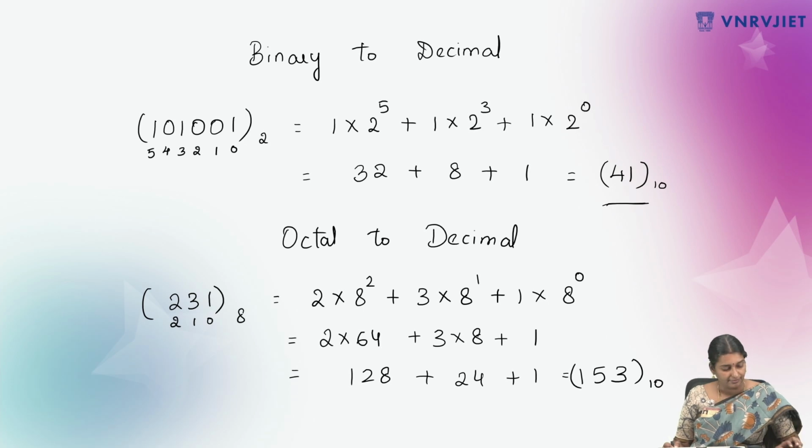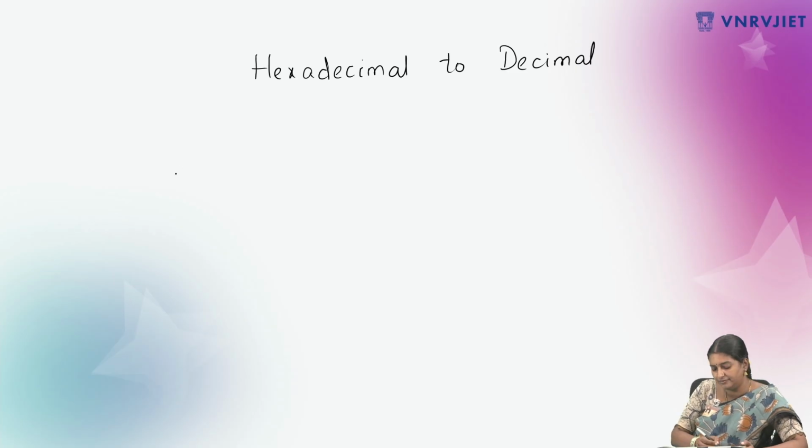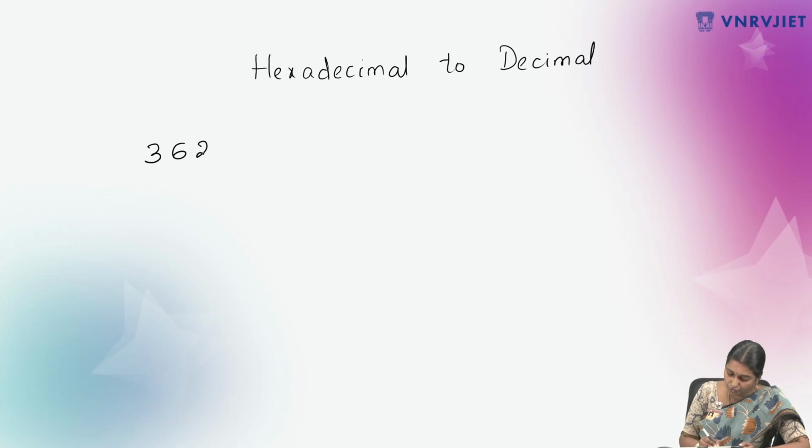So next, convert a hexadecimal number to decimal. For hexadecimal to decimal, we will multiply with powers of 16. Let us start with a simple number, 362 to the base 16, and convert it to decimal.